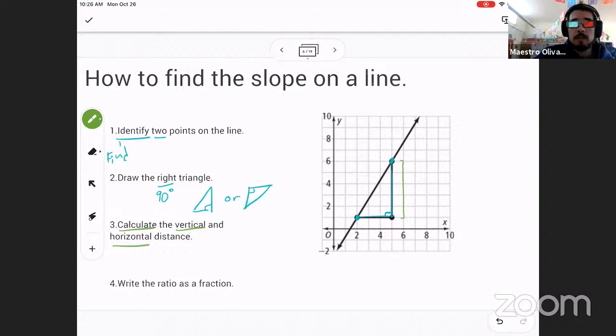How many squares are there? Thank you, Jenny. There's 5 squares. How do we know this? Well, 1, 2, 3, 4, 5. Thank you so much, Jenny.